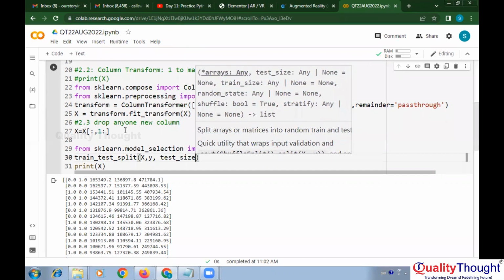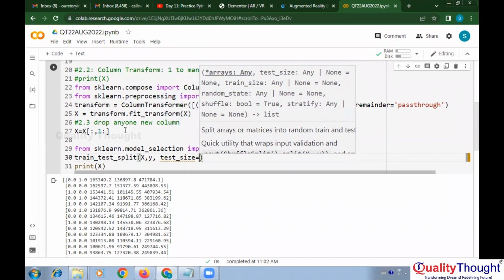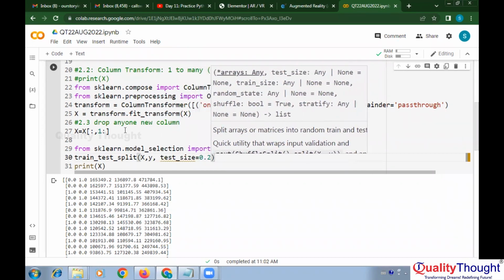It's called test_size, and you define it as a float value. When I say 0.2, that means I want 20% of the data. When you have very little data, you want more data to be given for training. Here we have only 100,000, so I'm selecting 20%. If it was 10,000 or 15,000, I would probably have selected 25% or 30%. There is no hard and fast rule.